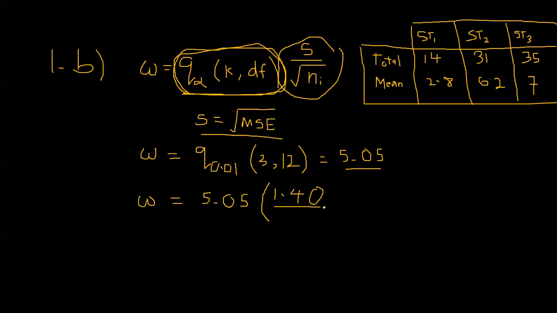And divide by the square root of the common sample size. The common sample size is 5, because each treatment has 5 subjects. So when you calculate, you will get the value of omega is 3.16.